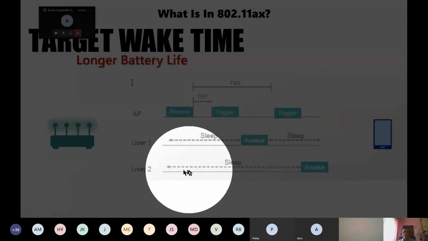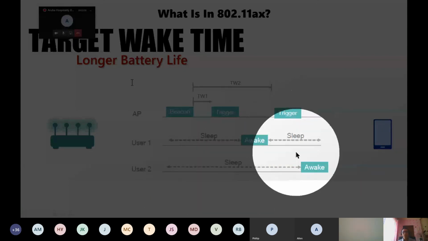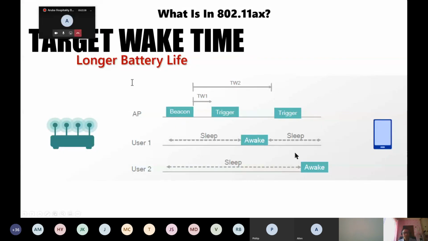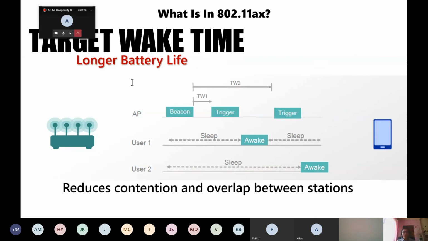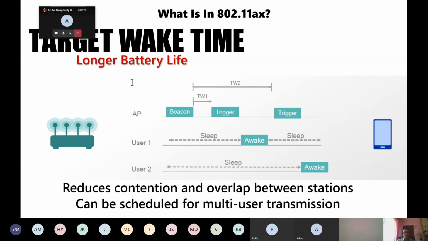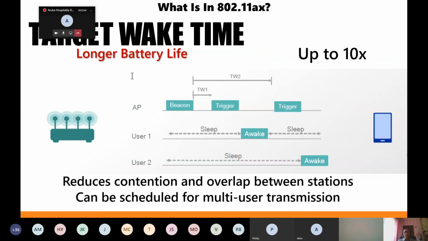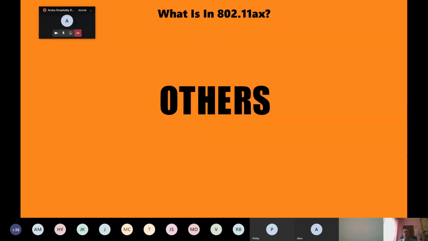So it maximizes the sleep time for users and coordinates them, preventing collisions when the users wake up every now and then to check or transmit. This is the other way that improves battery life, up to 10 times. So that's significant.